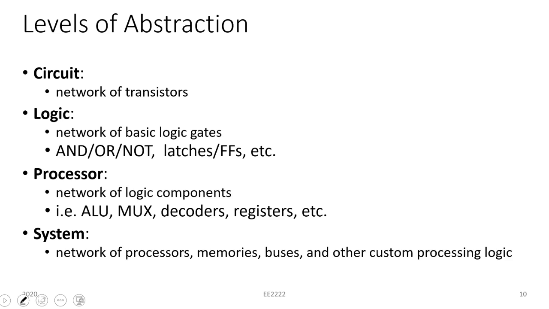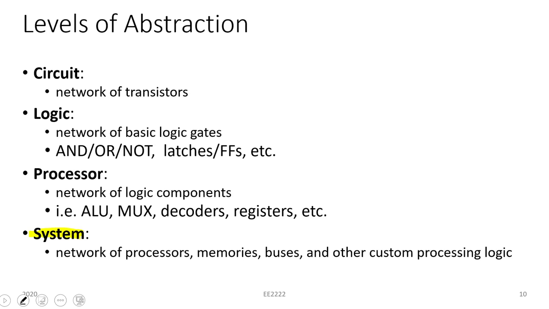So when we talk about these multiple levels of abstraction, one of the things that we can start with is the low level circuitry, that is the low level network of transistors. Then the next level of abstraction is the logic gates, the logic level abstraction. Then the next level is the processor level abstraction.